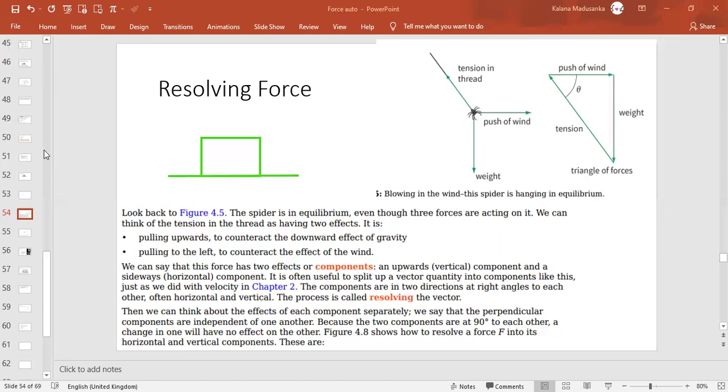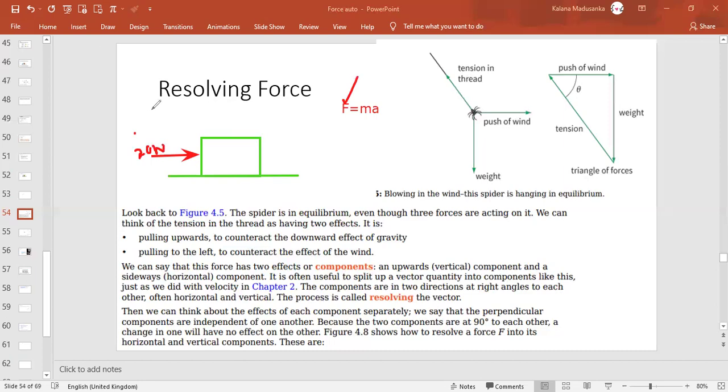Let's say we only have one force like this. This is the applied value. So it is very easy to apply this in the F is equal to ma equation. Whether this one is 20 newtons, we can directly apply it as the F value.